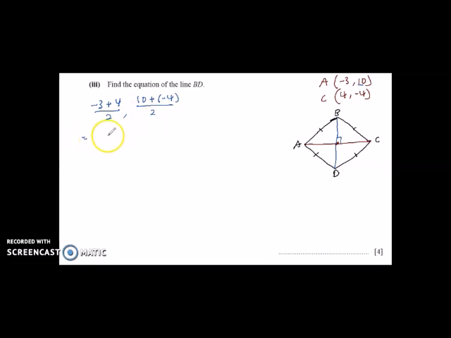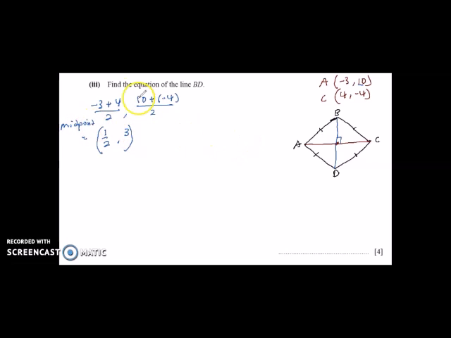We get 1 over 2 as the x, and 6 divided by 2, which is 3. This is the midpoint.